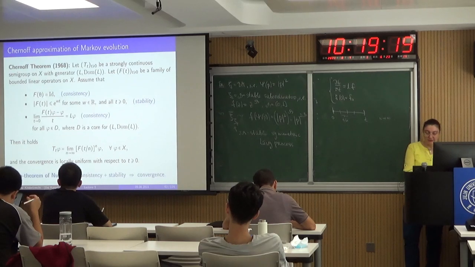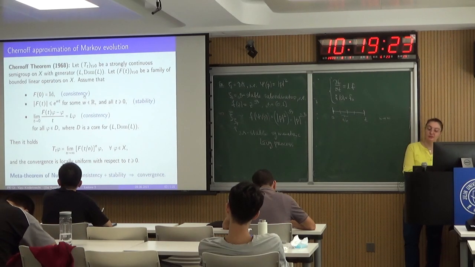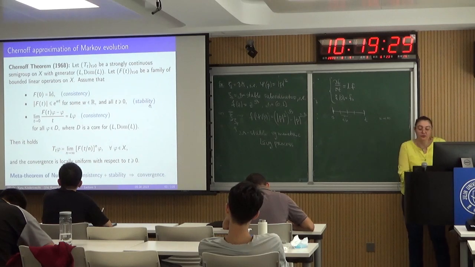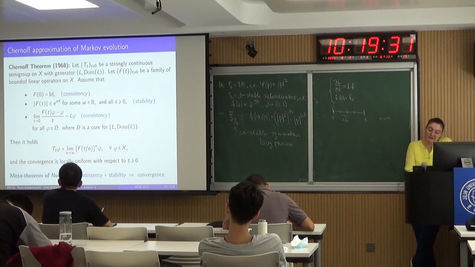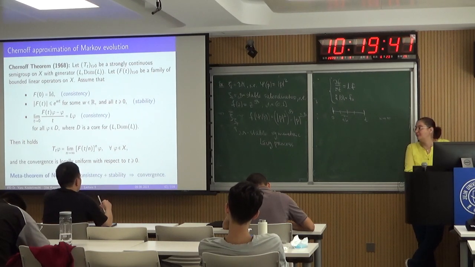So these two things are a kind of consistency conditions, and this condition is a kind of stability condition. There is a kind of meta-theorem in numerical analysis which says that if we have consistency and stability of a numerical scheme, then we have convergence of the numerical scheme. So this is a kind of interpretation.